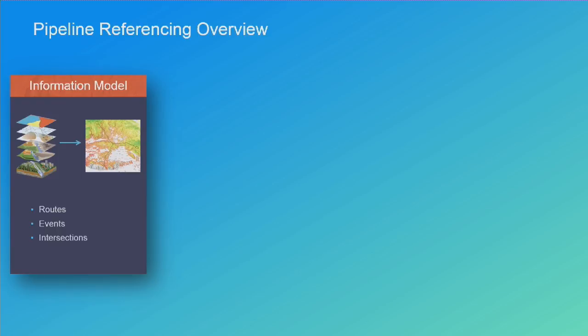And the reason why we say it's flexible is it's not tied down to a specific database. What pipeline referencing does is it gives you an information model. It has certain feature classes and specific fields that it's looking for.